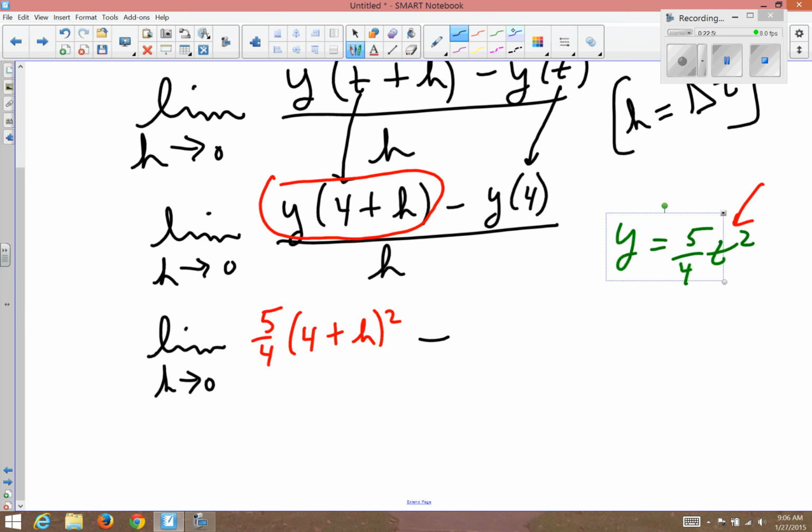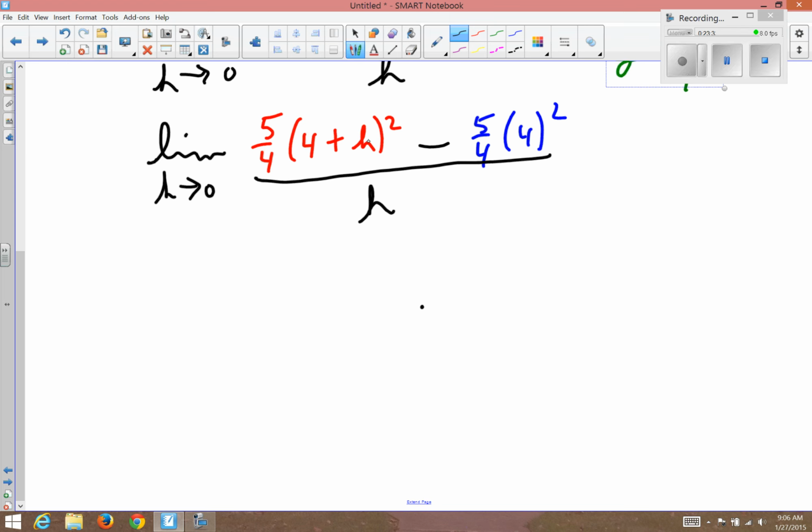Y of 4, this right here, means go over here and replace the t with 4. So function notation, y of 4 means replace t with 4. Y of 4 plus h means replace t with 4 plus h. Think about that. So we still have h approaching 0. We still say can't divide by 0.